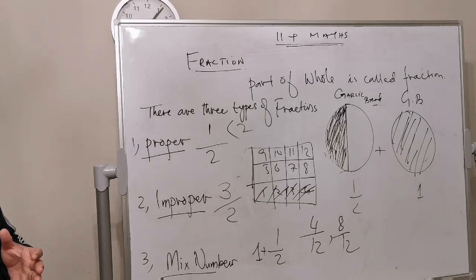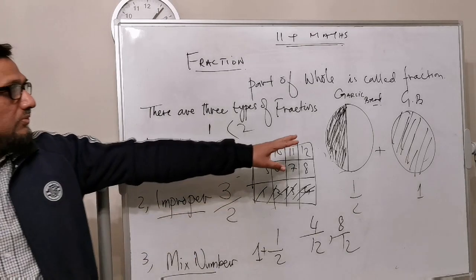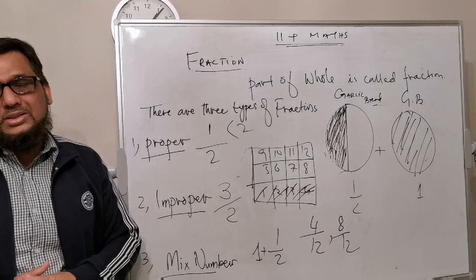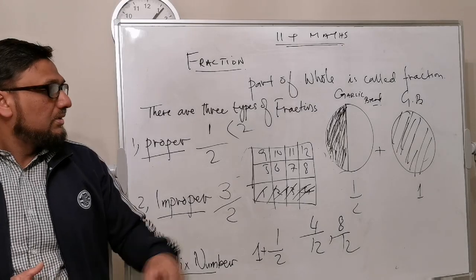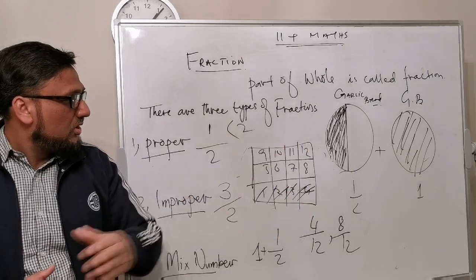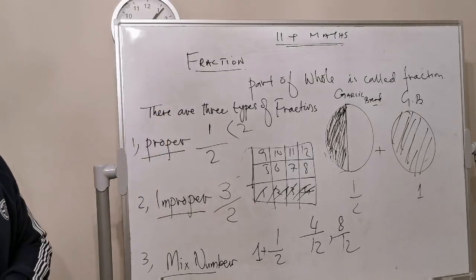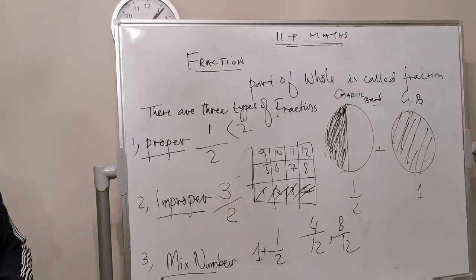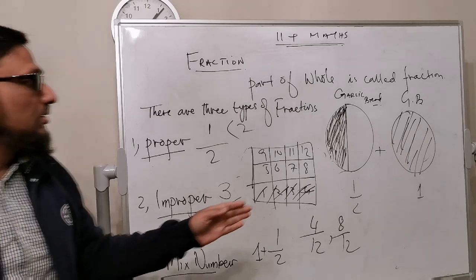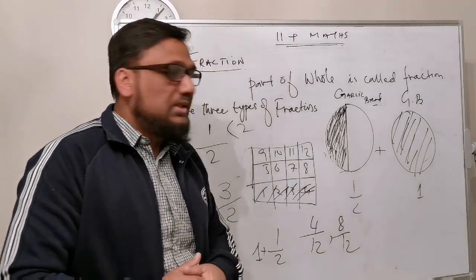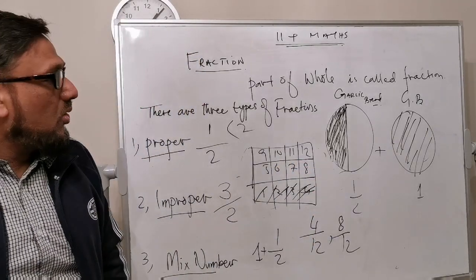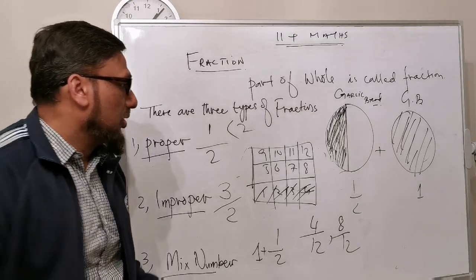So in this case, if I say you have one garlic bread, okay, and you finish half of the garlic bread, it means the fraction for this garlic bread is 1 over 2, okay?